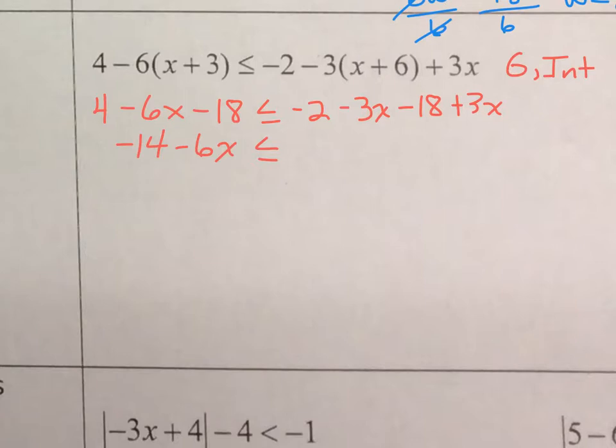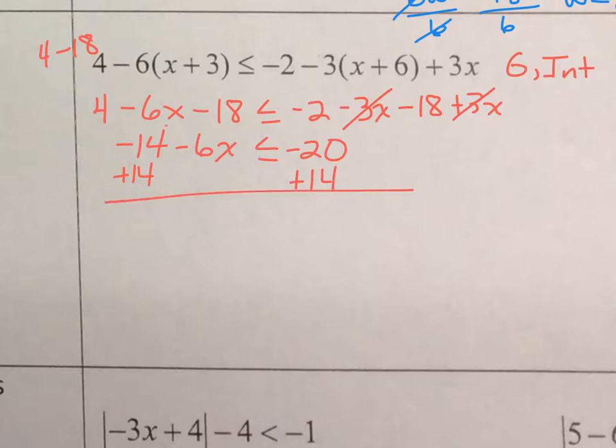Hey class, on the right side, do you see that negative 3x and 3x are going to cancel? And I'm going to get negative 20. So now we can add 14 to put our constants on the right. Get those to cancel.